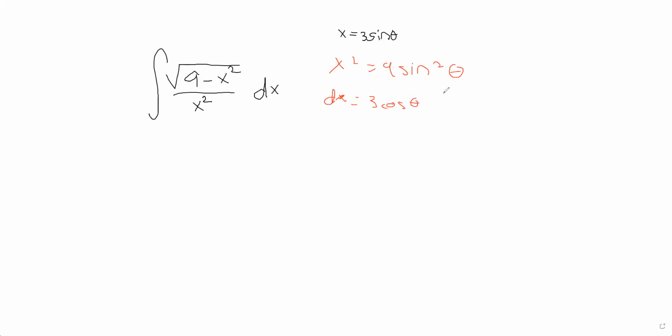All right, perfect. There's something we forgot in the dx. There's one more thing we need to have there. Is it a differential? Yes. How would you do that though? Just do dx in terms of theta. That's right. We want to have that be 3 cosine of theta d theta. Perfect. Now go ahead and rewrite the integral, substituting everything in for x squared and for dx.